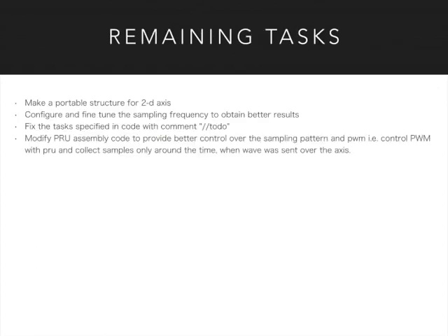The remaining task that needs to be completed is to make a structure for a portable anemometer, that is, to create a circuit to interface sensors to the BeagleBone, which can be portable and taken outside the laboratory. Another task is to control the PWM not from productcapture.c but from the PRU, which gives us better control over the waveforms.